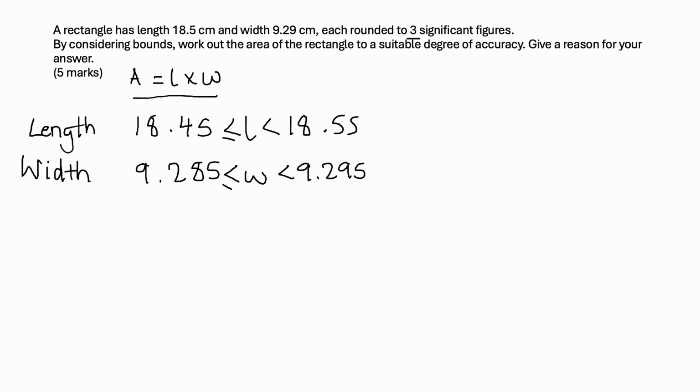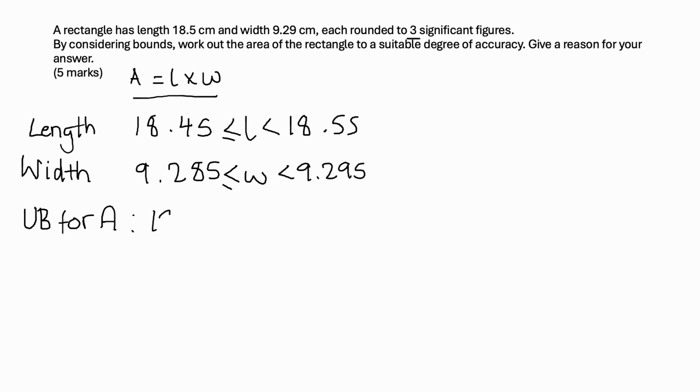Okay, so as we mentioned, area is equal to length times by width. To work out our upper bound for area, essentially to work out the highest possible value for our area, we need to times the upper bound of the length by the upper bound of the width.